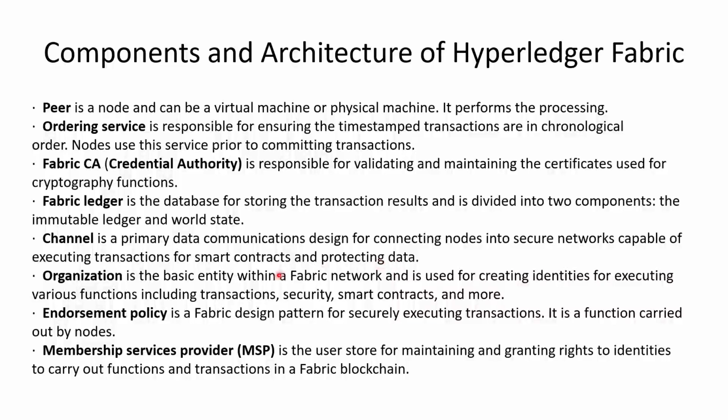The organization is the basic entity within the Fabric network and is used for creating identities and for managing functions with respect to transactions, security, smart contracts, and more. The endorsement policy in Fabric is designed for securely executing transactions, and they're carried out by all the nodes. The membership services provider is used to store user information, and to maintain and grant user rights and identities.